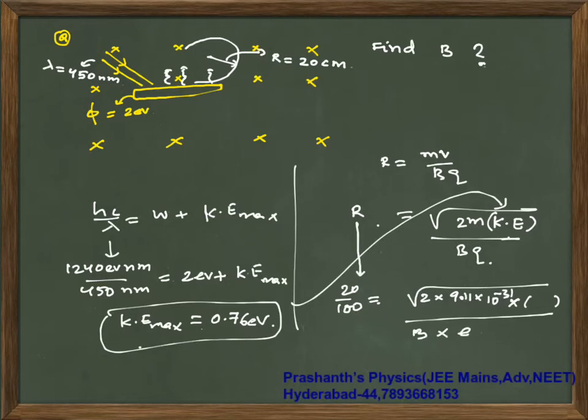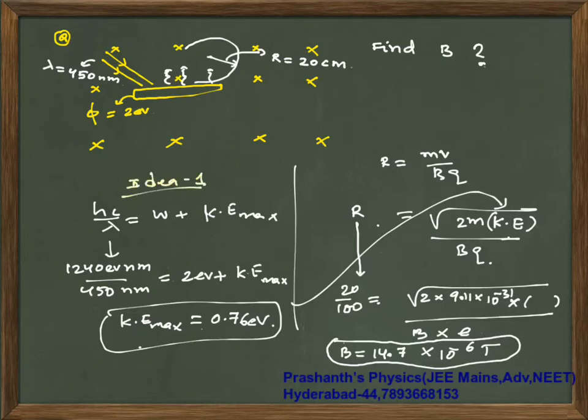Substitute everything, you are going to get B value close to 14.7 into 10 power minus 6 Tesla. If numbers are not matching, don't worry, but look at the physics part. So what are they doing here? They are linking two chapters. Idea 1 is the photoelectric effect, idea 2 is cyclotrons. They have related this question to cyclotron frequency. Like this you will have simple basic questions, you can do those.